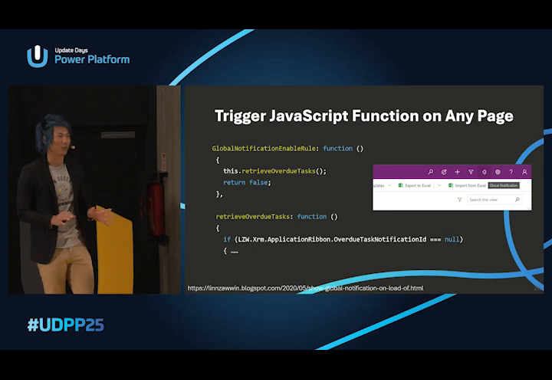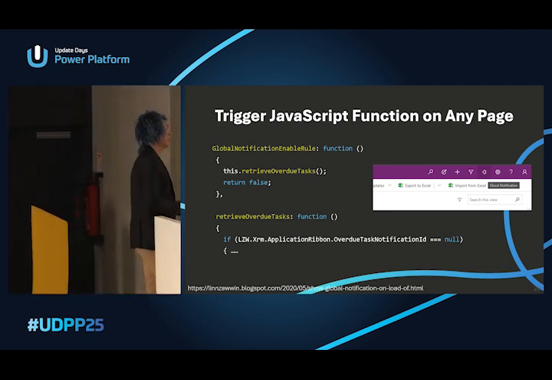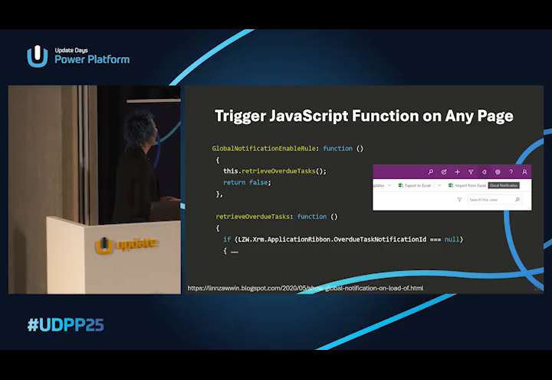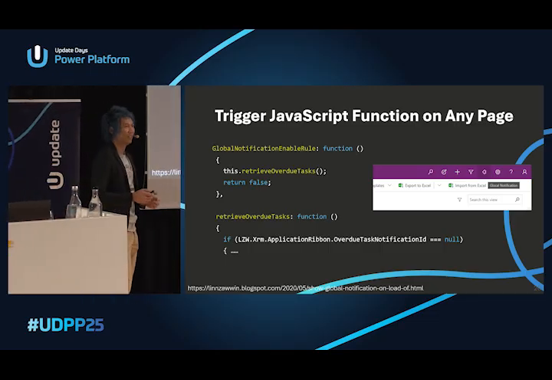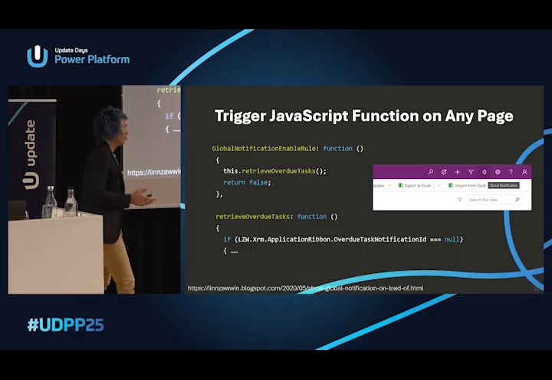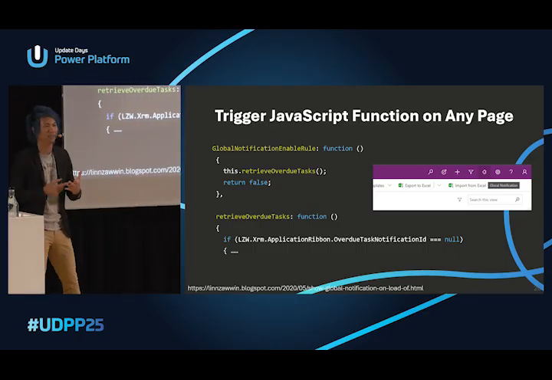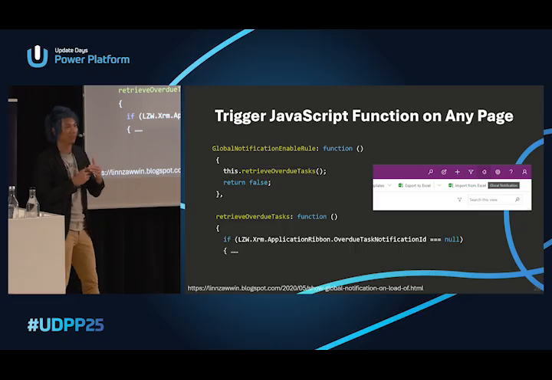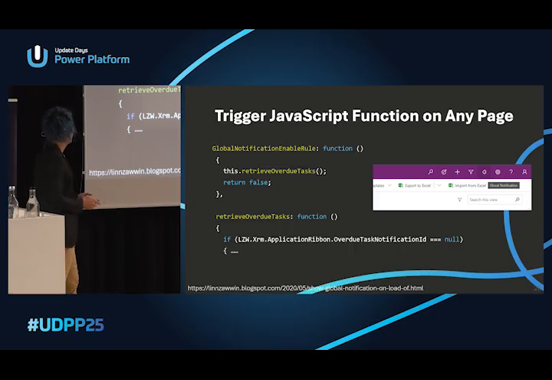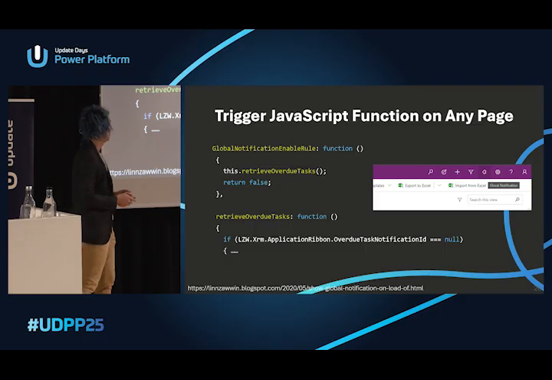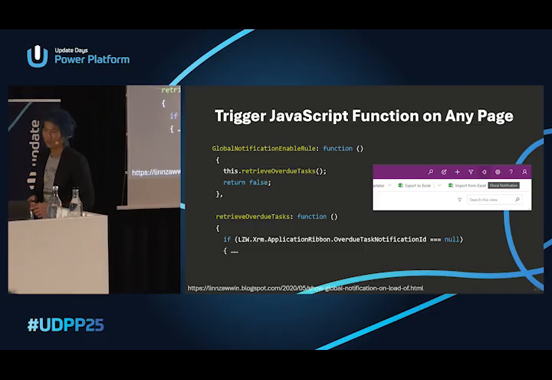So make sure not to put a lot of web API calls in there. One thing you can do is check in the local storage and make sure this hasn't been triggered, so you only trigger it once. And try not to put a lot of things in that script, because it triggers all the time as you navigate around.